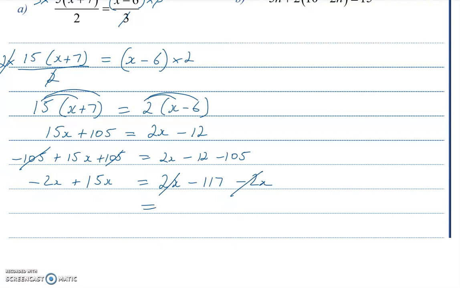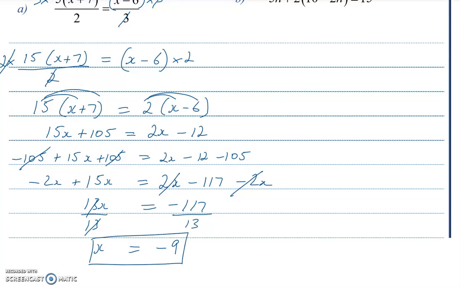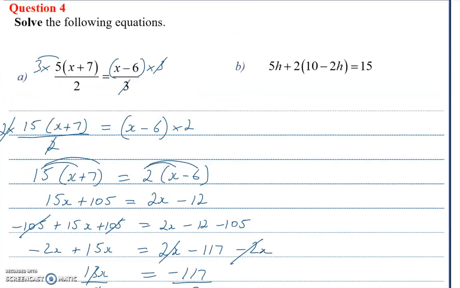These two terms cancel out to leave us with negative 117. On the left-hand side, 15x take 2x is 13x. Now we can divide both sides by 13, which leaves us with x on the left, and on the right-hand side, negative 117 divided by 13 is negative 9. The solution to this equation is x equals negative 9.